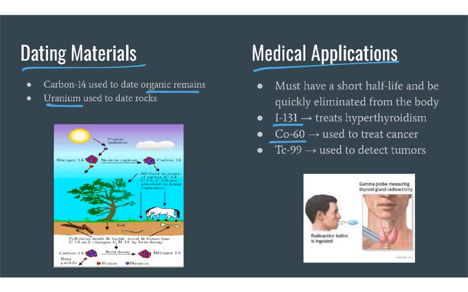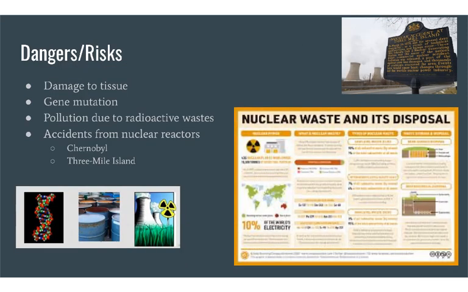Cobalt-60 we use to treat cancers. And technetium-99 we can use to detect tumors within the body. So it's pretty cool. There are other uses as well for contrast and dyes when you get x-rays or CAT scans or MRIs. So even though it can be dangerous, it is also very beneficial to us.